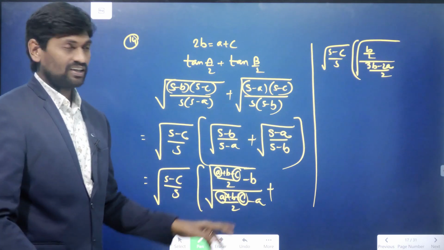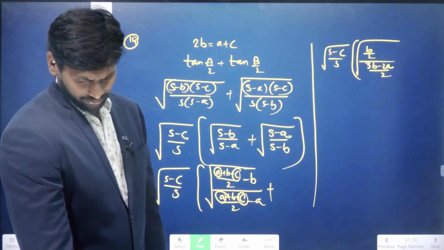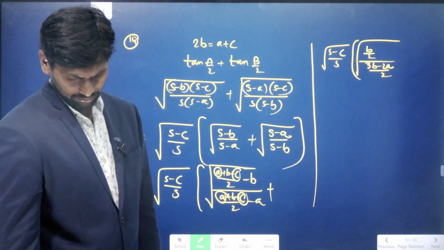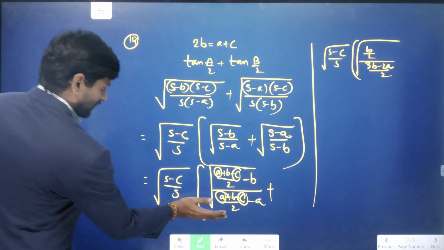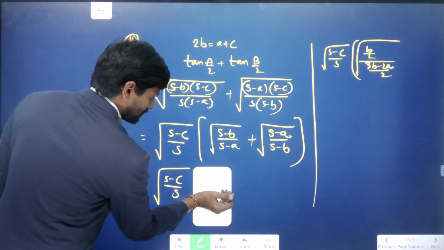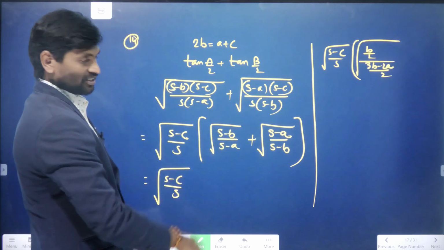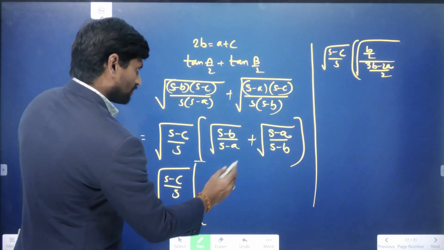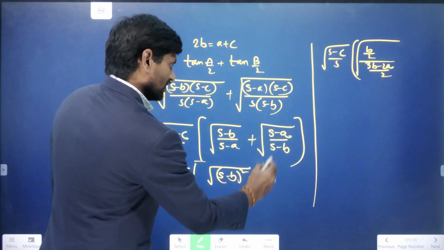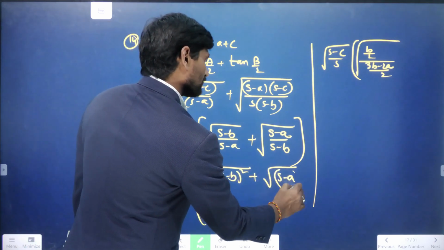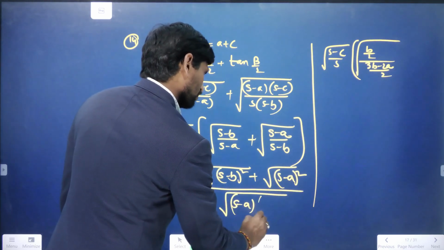Plus root over (s minus a) divided by (s minus b). We do one thing after this step, we do the cross multiplication. That means root x/y is nothing but root x/root y. So like that we just apply the cross multiplication: root (s minus b) into (s minus b), root (s minus b) whole square; here root (s minus a) into (s minus a), root (s minus a) whole square, divided by root over (s minus a) into (s minus b).